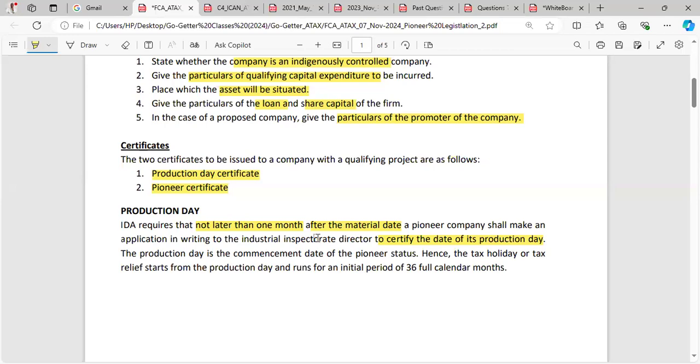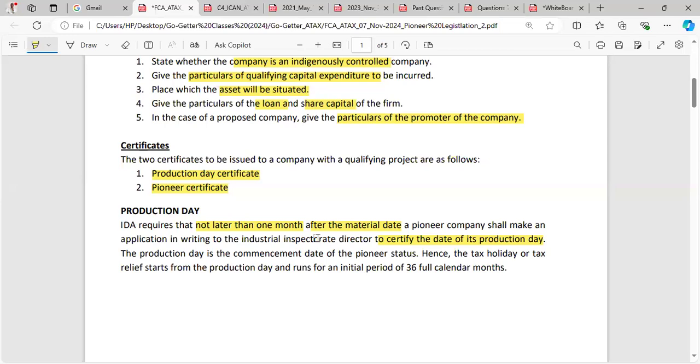So after you have started your production, you have kickstarted the whole thing, you can write the letter the next day if possible. You are correct, you can write the letter that same day. You can write the next day, the next week, the next 2 weeks, but no later than 1 month. So it must not exceed 1 month.